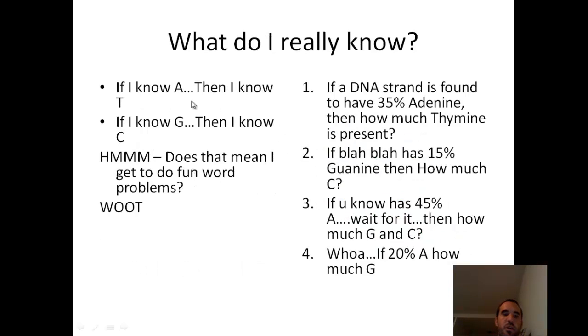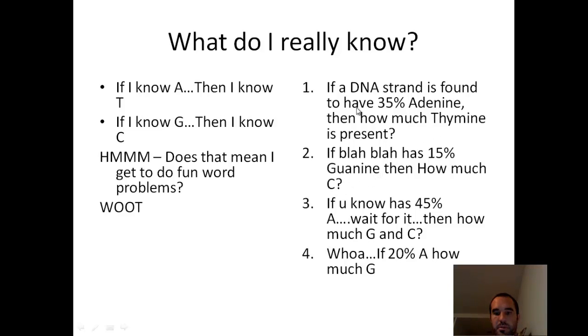Okay, so if you know adenine, then you know the amount of thymine, because these two pair up together. If you have a DNA strand that is found to have 35% adenine, it would have 35% thymine. Now, that would give you 70% of the base pairs of your DNA molecule. So if you think about it, if it has 15% guanine, then it's going to have 15% cytosine.